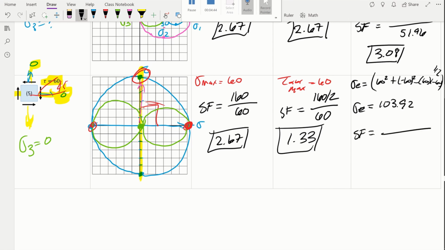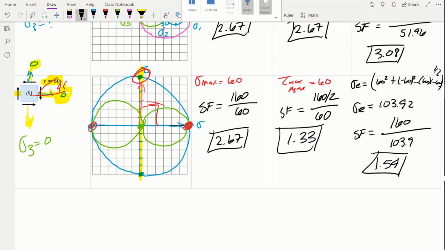Remember, the equivalent stress, 103.9, cannot exceed the yield strength of the material, or 160. So 160 divided by 103.9 gives a safety factor of 1.54. And there you go.